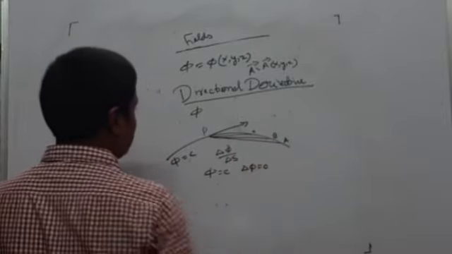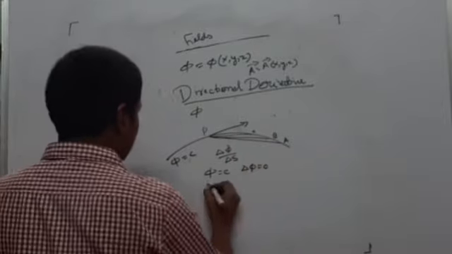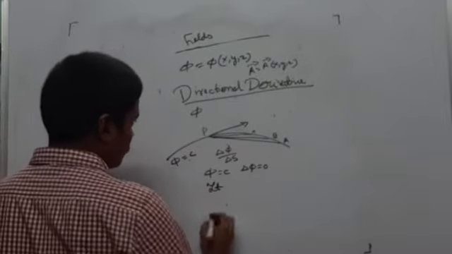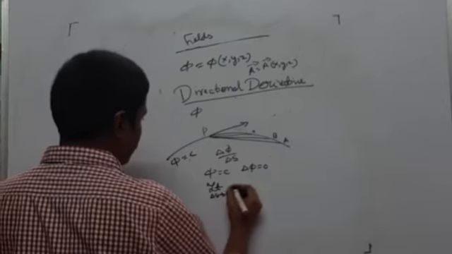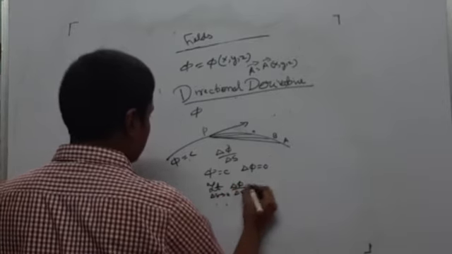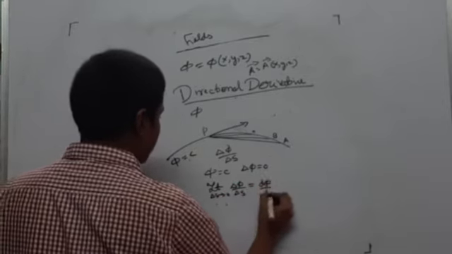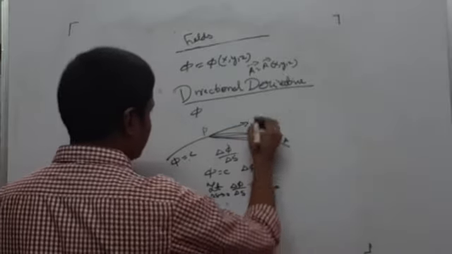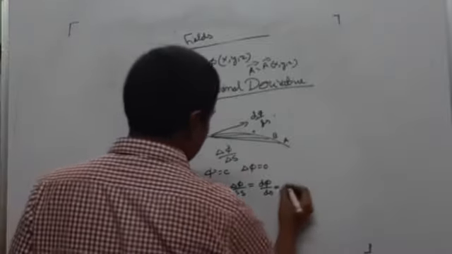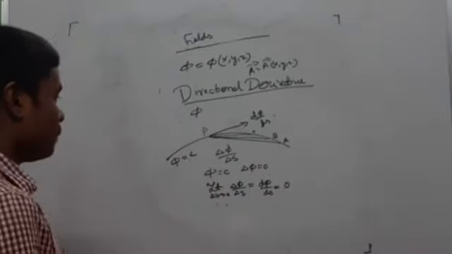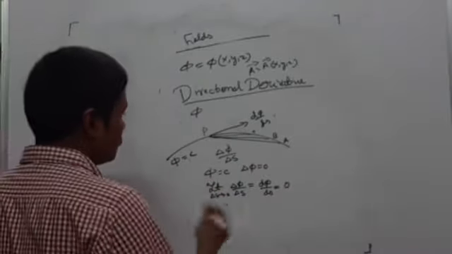So if I take the limit of delta s tending to 0, delta phi over delta s basically becomes d phi ds along the tangent vector, which is also 0. What does that actually tell me?